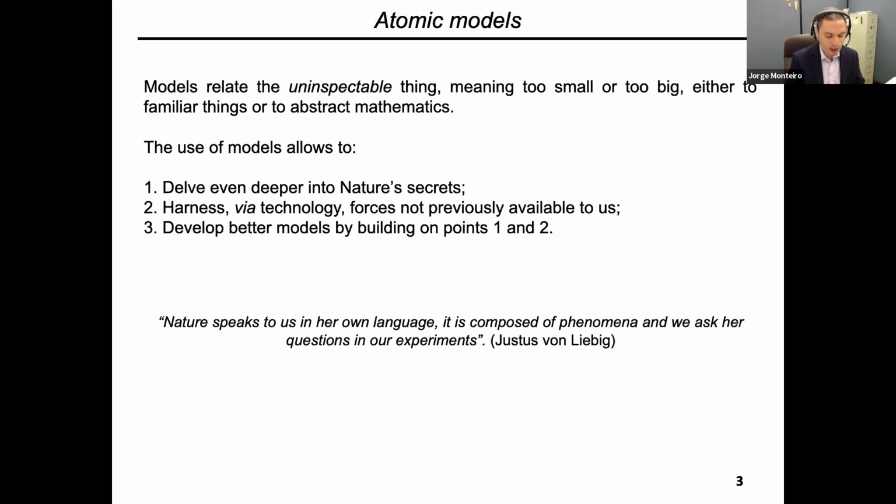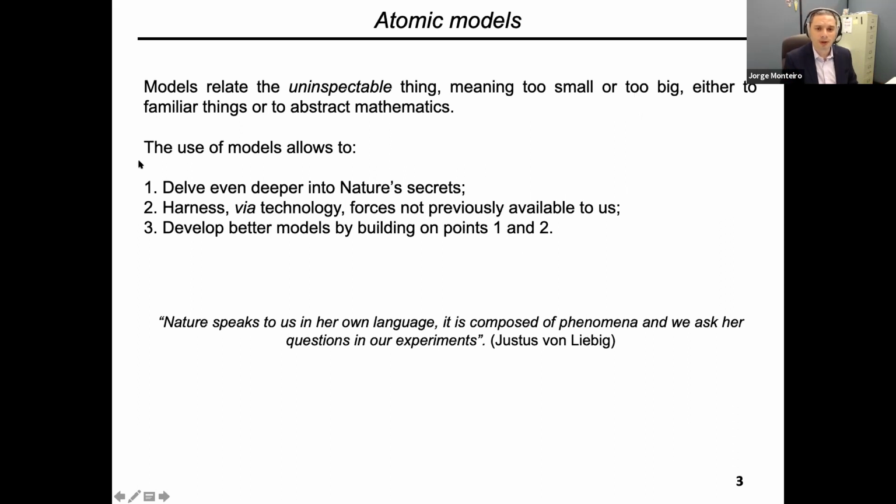So when you have a very small thing that you cannot manipulate, you are going to create a model to relate that to something familiar that you can manipulate. And the opposite is also true. If you have a system that is too big to manipulate, you are going to correlate this with something that's familiar to you.